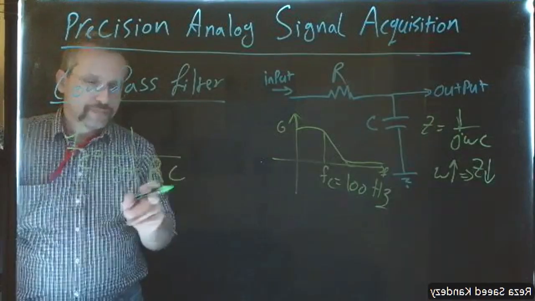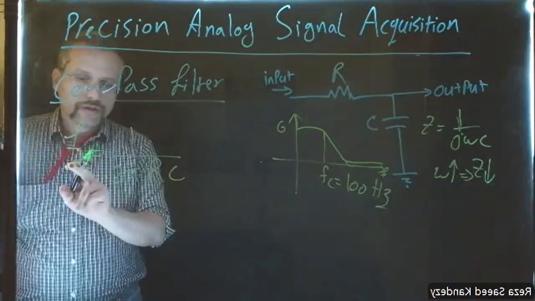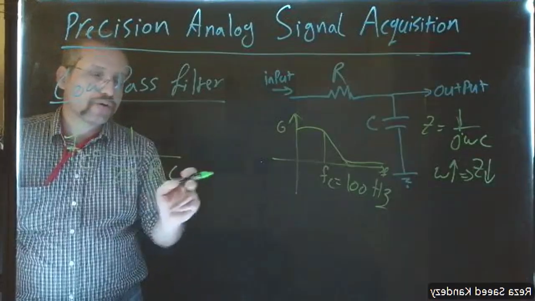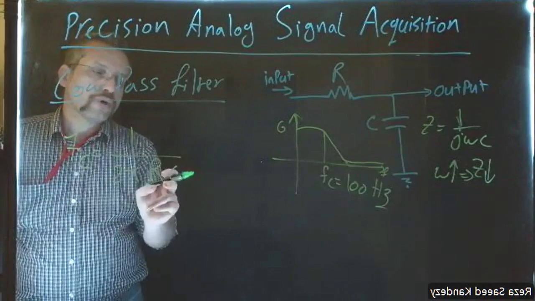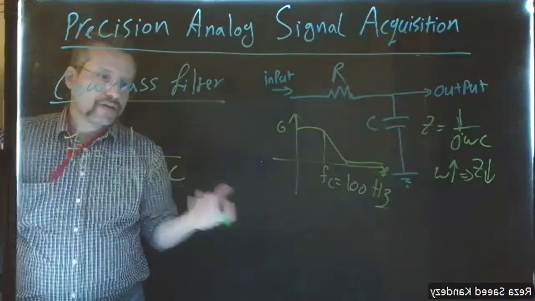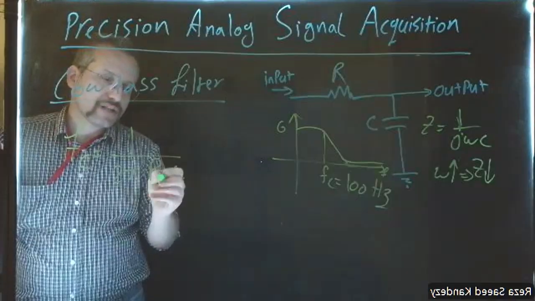Okay, so whatever cutoff frequency you have, you can have the values of RC. Normally you have to assume or set one of these values and then find the other one based on that value. Normally we set the resistor.